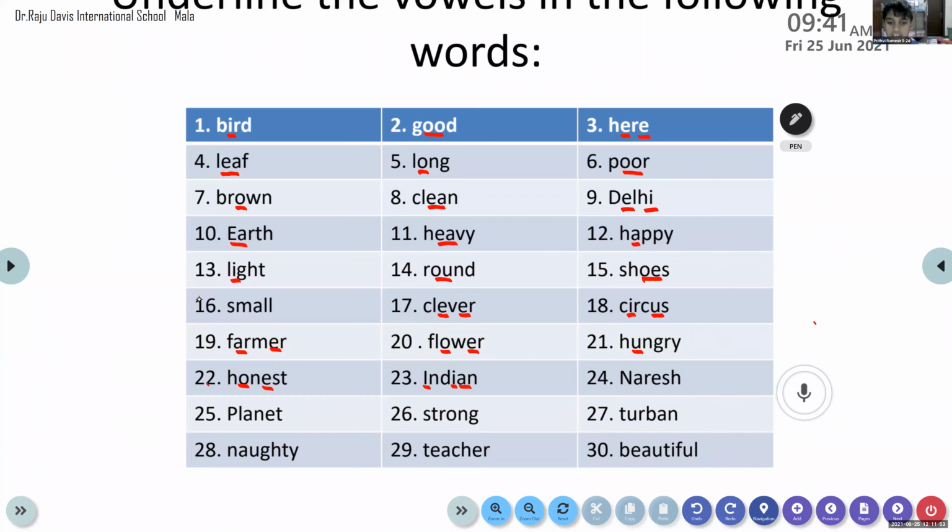So, Naresh. How many vowels are there in the word Naresh? There are 2 vowels. What are they? The A and E. Very good, Prithvi.